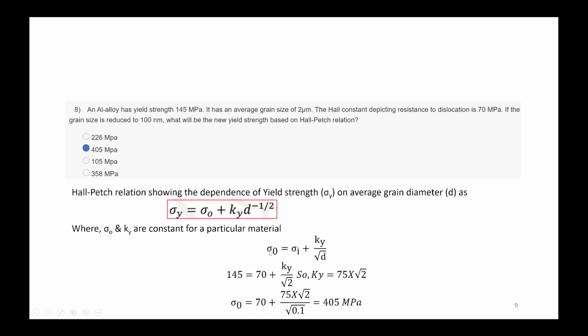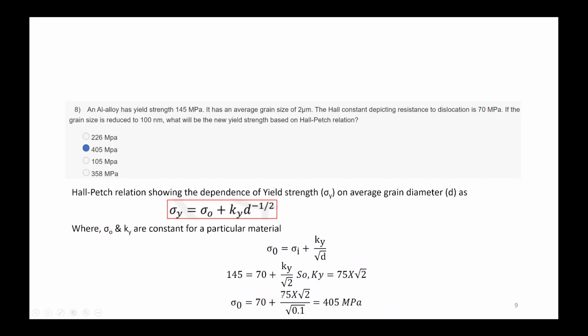First we'll be putting in the first values: taking 70 MPa and putting the grain diameter in micrometer and the yield strength at 2 micrometer, and we'll be getting the value of ky.